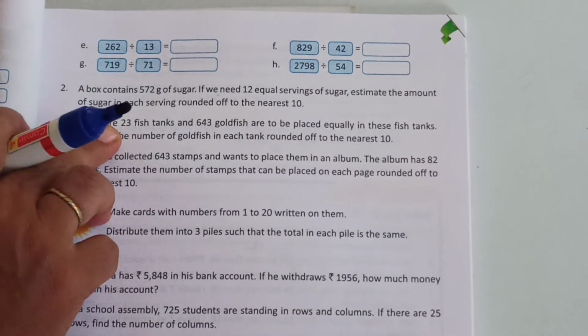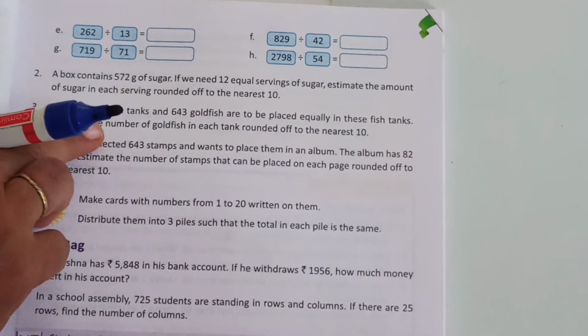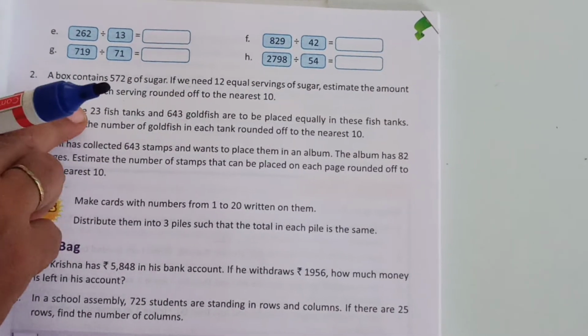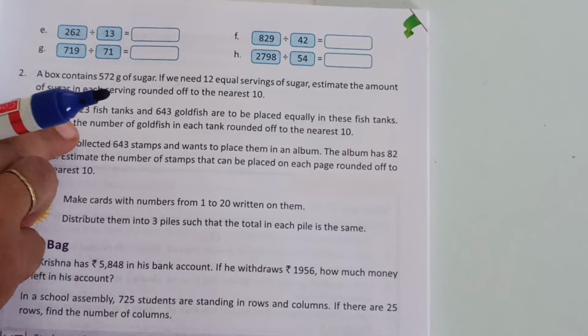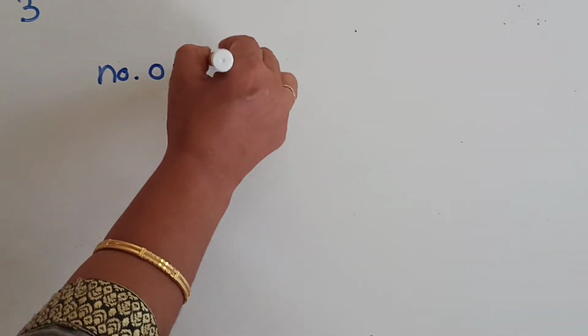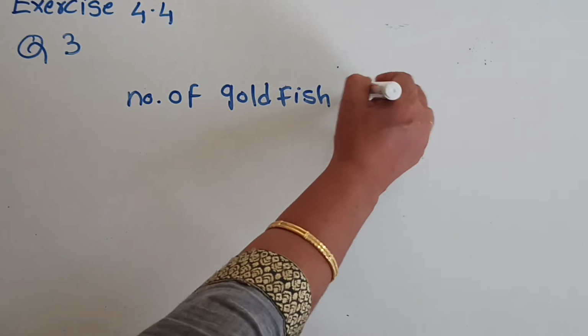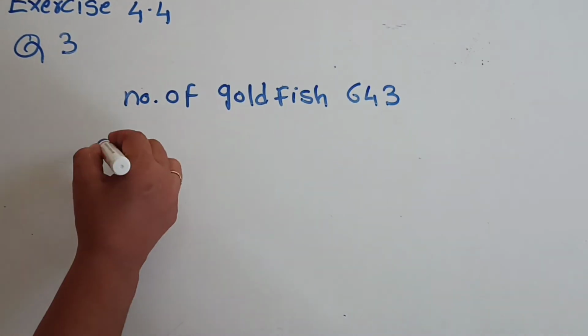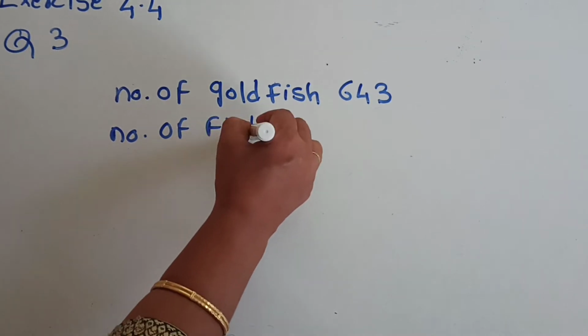How many fish tanks are here? 23, and we have to estimate this 23 rounded off to the nearest 10. How many goldfish? Number of goldfish 643, and number of fish tanks 23.